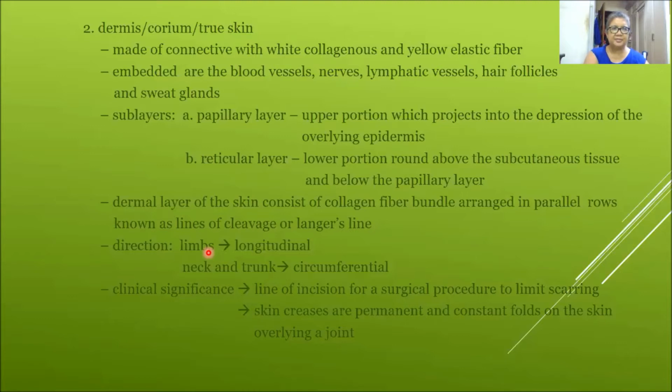The dermis is embedded, and here you will find blood vessels, nerves, lymphatic vessels, hair follicles, sweat glands, and also sebaceous glands. So in the dermis, you will have the appendages of the skin and also the blood vessels and nerves.